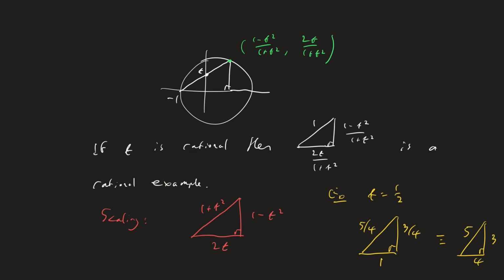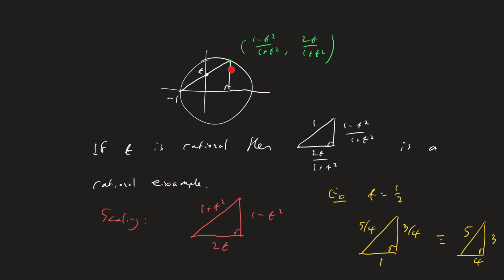Recall that on the 10th of January we introduced this diagram here, we have the point over here at -1, 0. We have the unit circle. We pick a point T on the vertical axis and we draw a line from -1, 0 through T and look to see where it strikes the circle a second time.